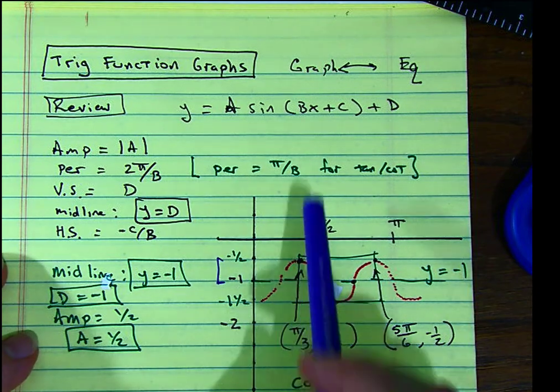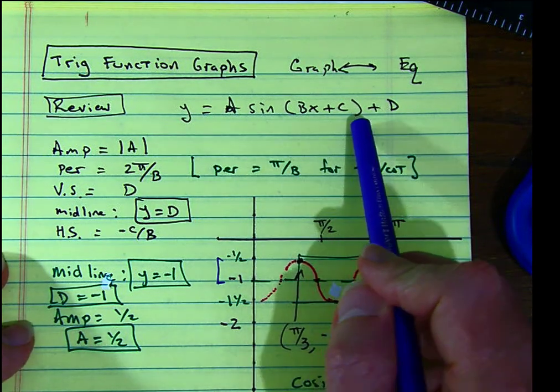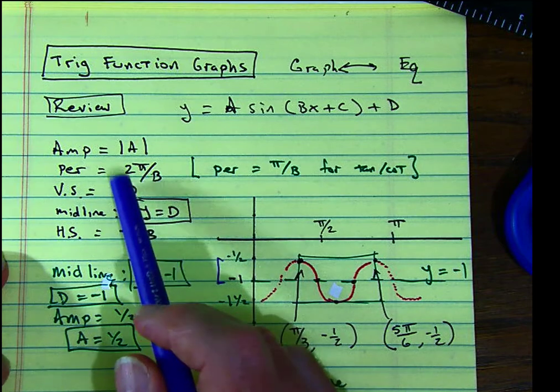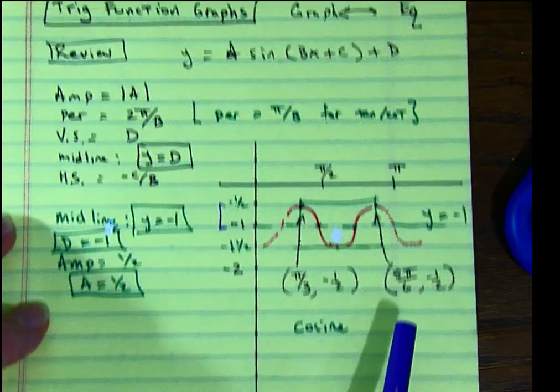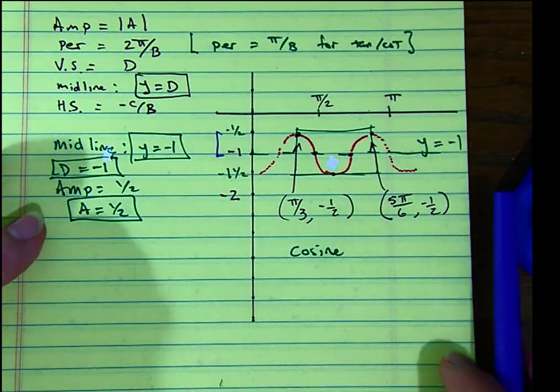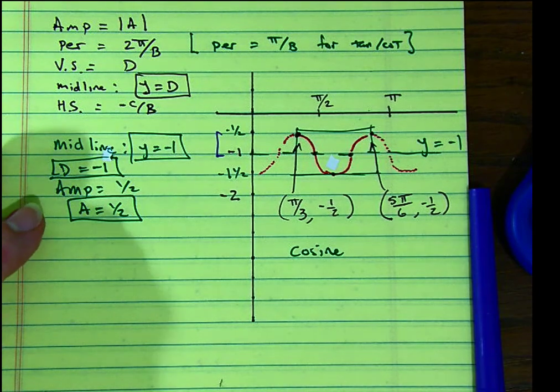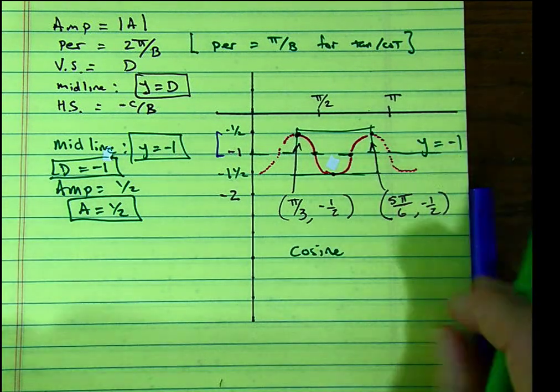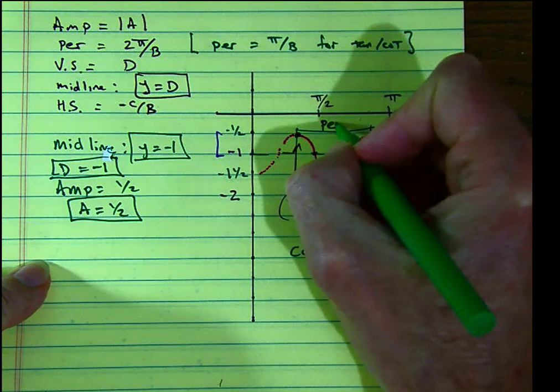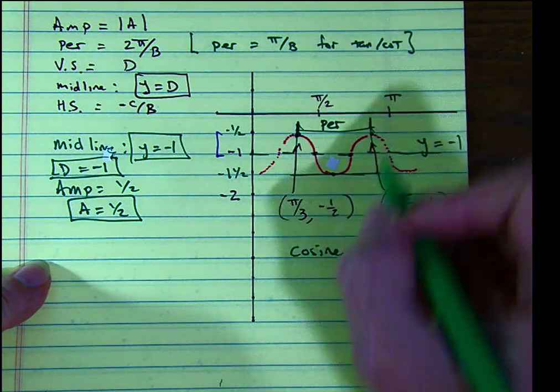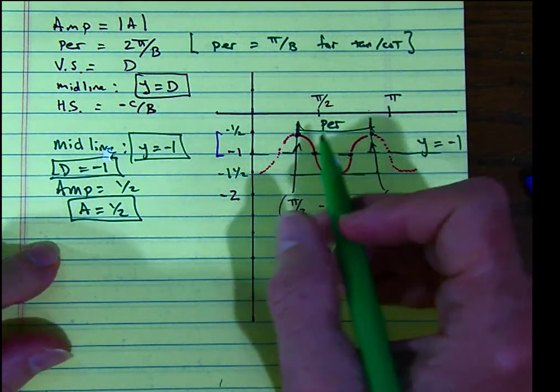Well, there's formulas for the B number and the C number. The B number is tied to the period. So we got a little bit of work to do for the period. Not too much, but we have to find this period. The period is from the start to the finish.